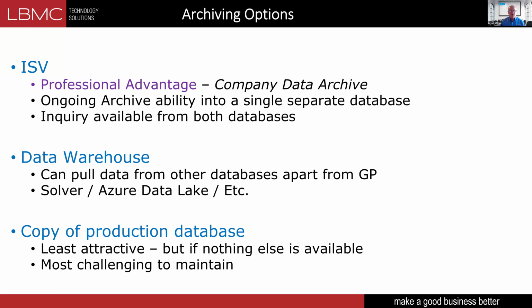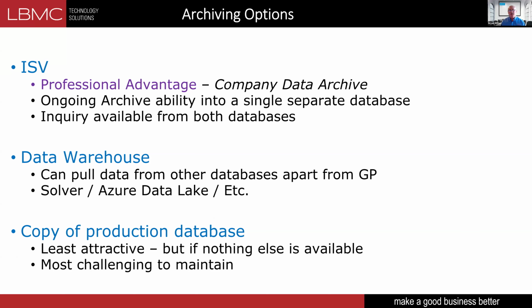Some of you may have Company Data Archive, or you may have looked into it or seen it before. That really is a nice solution because it allows you to create an archive company. And then every so often, generally once a year, you push an older year into that archive company and add to what's there.